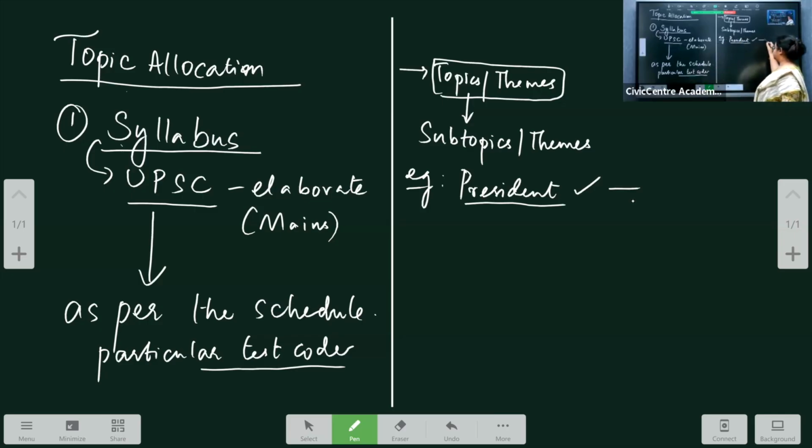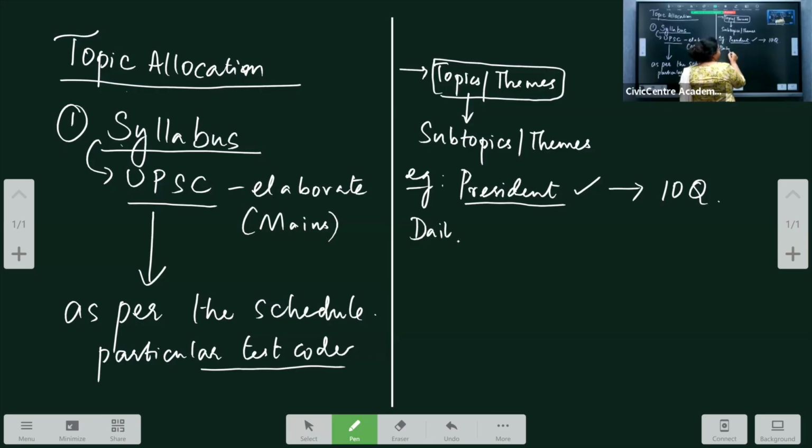You will have to ask maybe at least 10 questions as per the requirement or the weightage that is given. On the same theme of president for a daily test, you might be asking 10 questions. Am I clear?